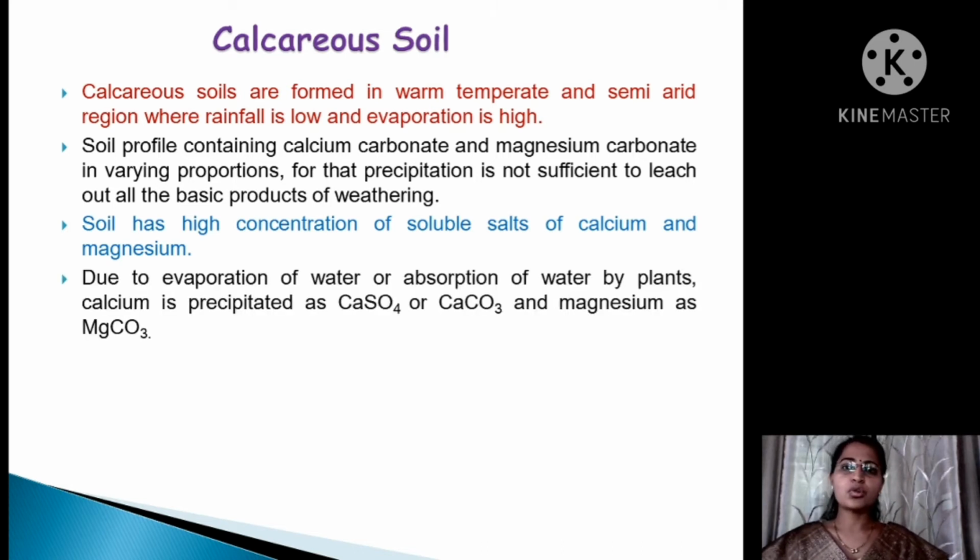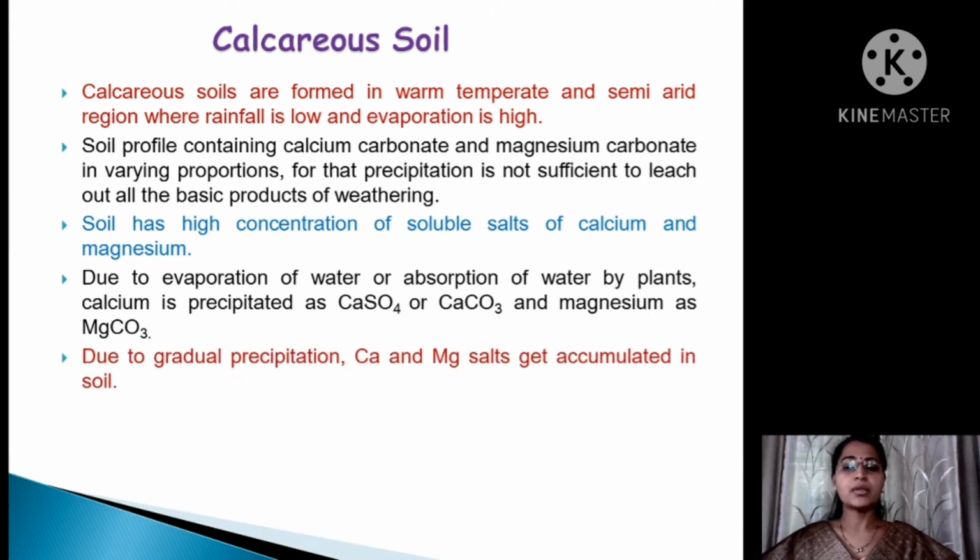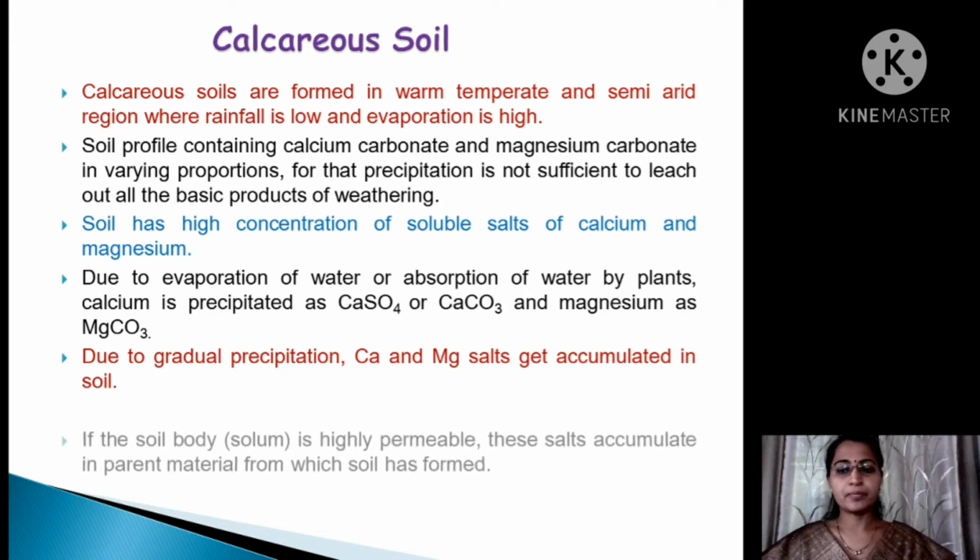Due to evaporation of water or absorption of water by plants, calcium is precipitated as calcium sulfate or calcium carbonate, and magnesium is precipitated as magnesium carbonate. Due to this precipitation, calcium and magnesium salts get accumulated in soil.